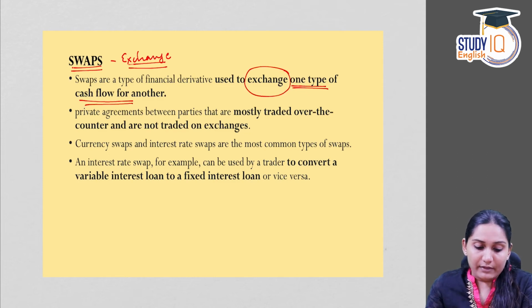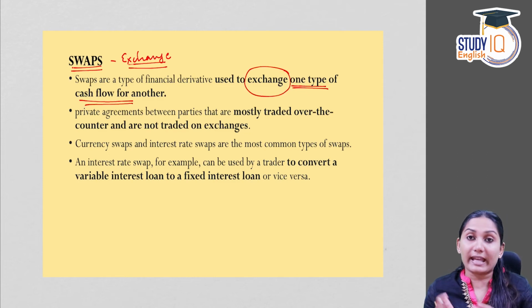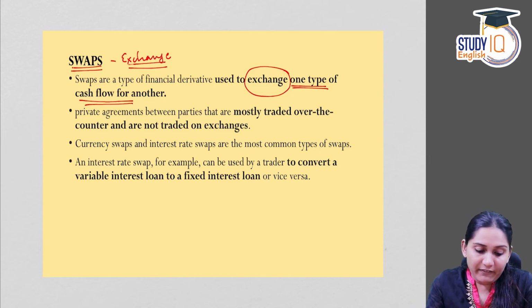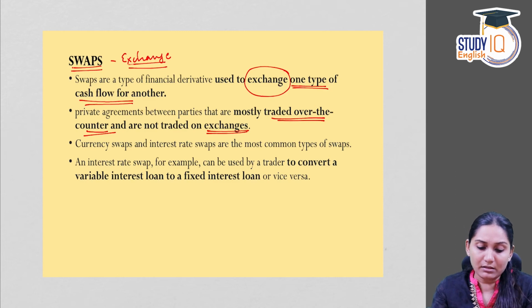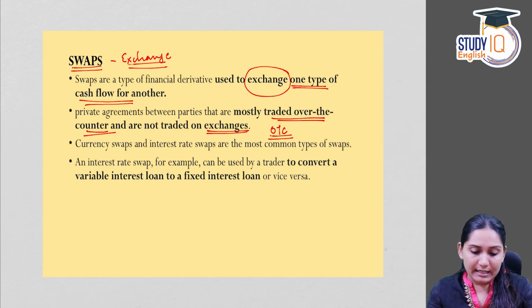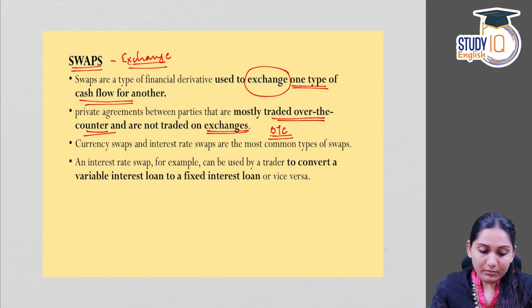These are private agreements between parties that are mostly traded over the counter and not traded on exchanges. These are private agreements between two private parties, and therefore they are not traded on stock exchanges.